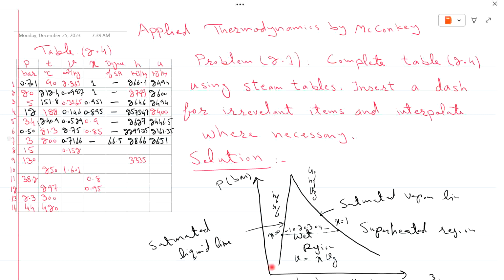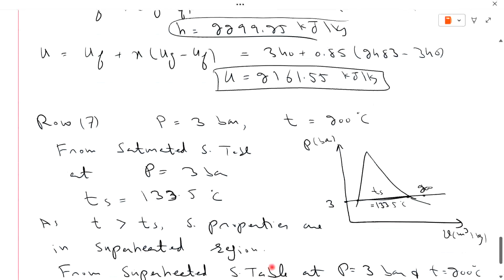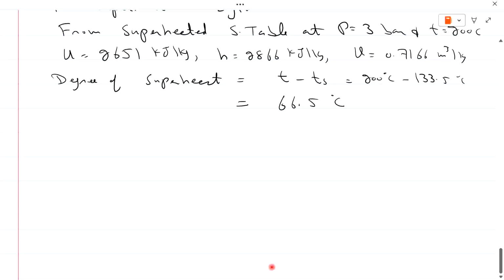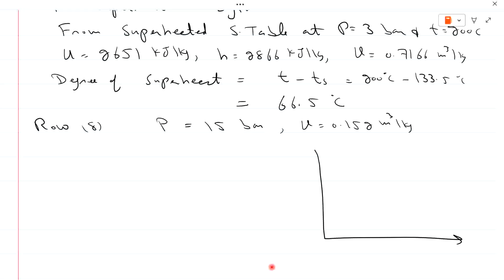Now in row number 8, pressure is 15 bar and specific volume is 0.152 meter cube per kg. Now we check whether the properties are in wet region or in superheated region.